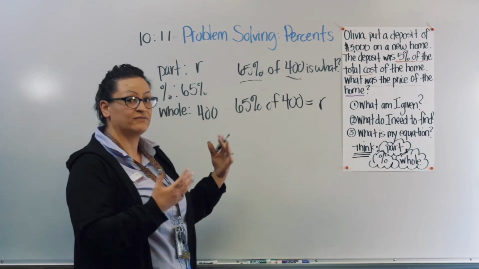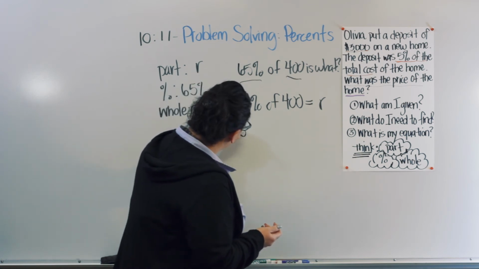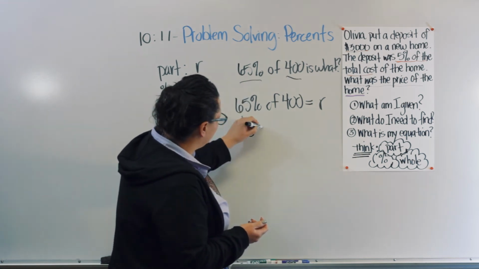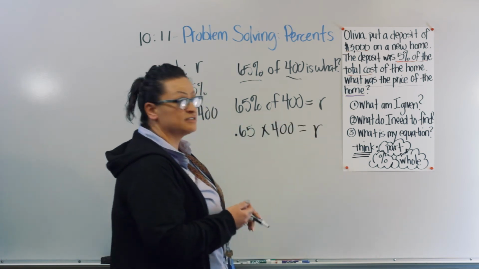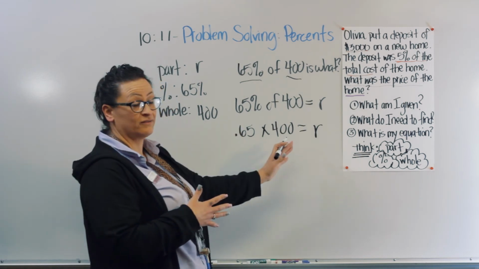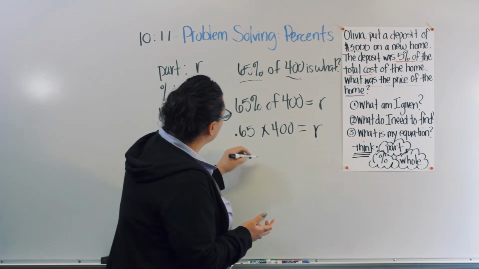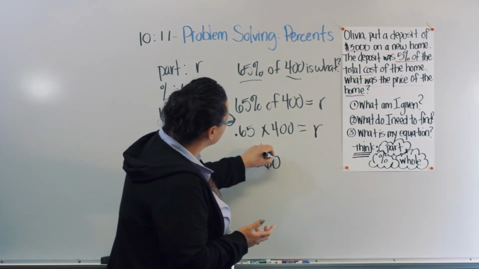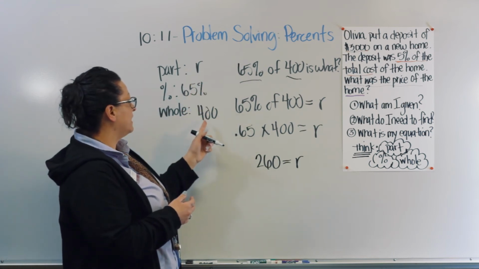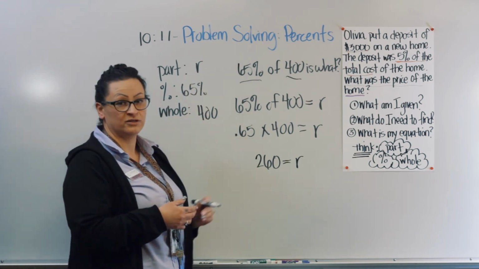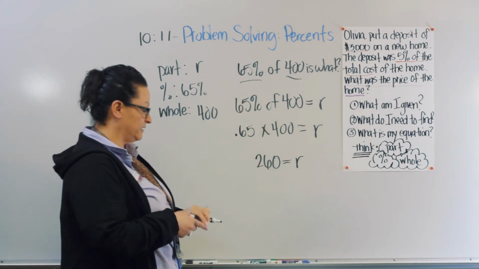So 65 we have to turn into a decimal, which would be 0.65, and then of means times, 400 equals R. This is probably the simplest one you're getting because all you have to do is multiply, okay? So if we multiply on our calculator, we know that our answer is going to be 260. So 65% of 400 is 260, okay? This is them asking for the part, okay?